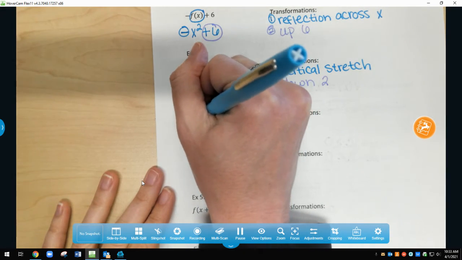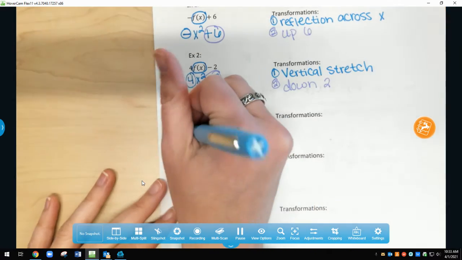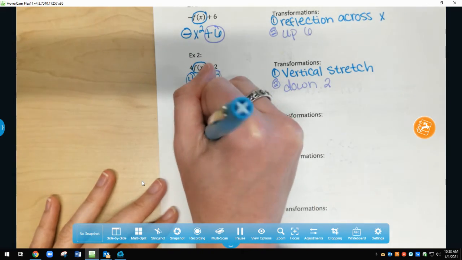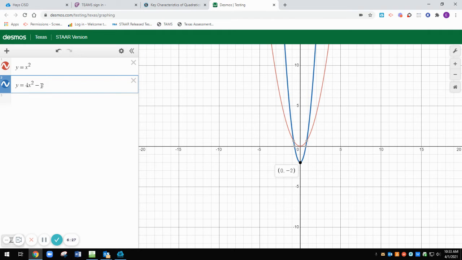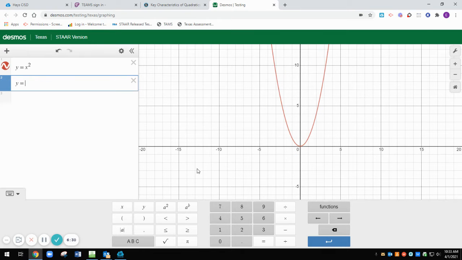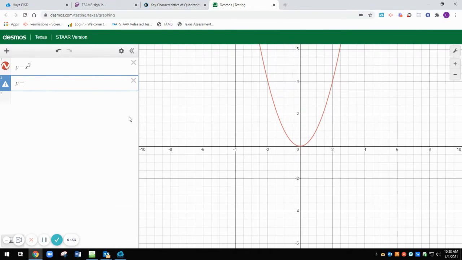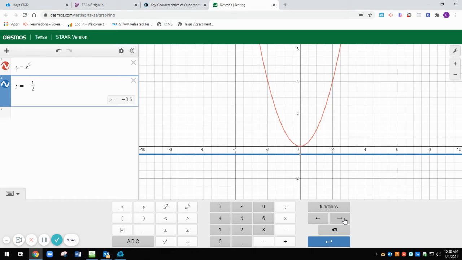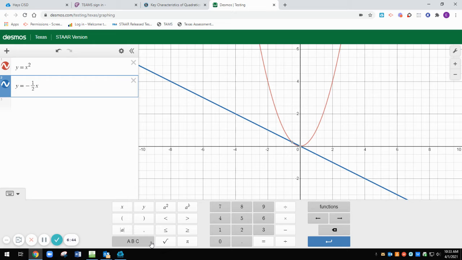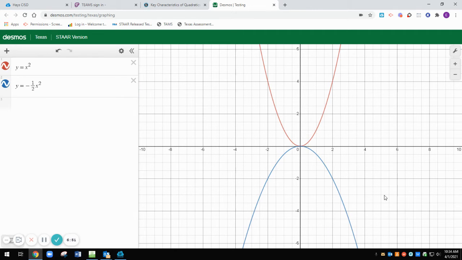Okay. All right. Example 3. We're going to circle the f of x. So we have negative 1/2 x squared. I'm going to go to Desmos. Delete out that equation. Press the home button so I can stay on my normal zoom. So we have negative, remember to get a fraction, divide, 1 divided by 2, x squared. So this one flipped over, so it's reflected, and it's also a little bit wider or fatter.